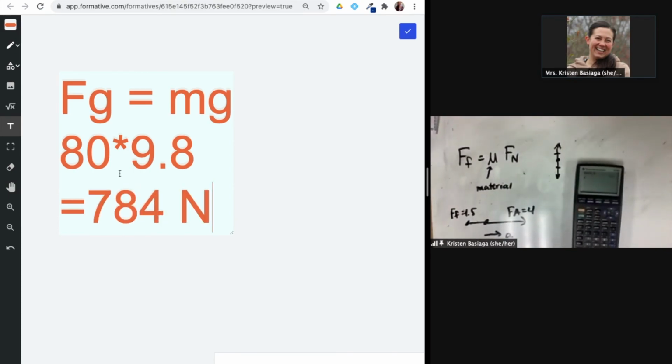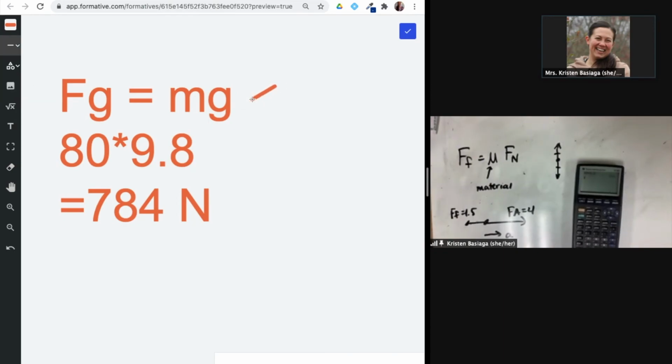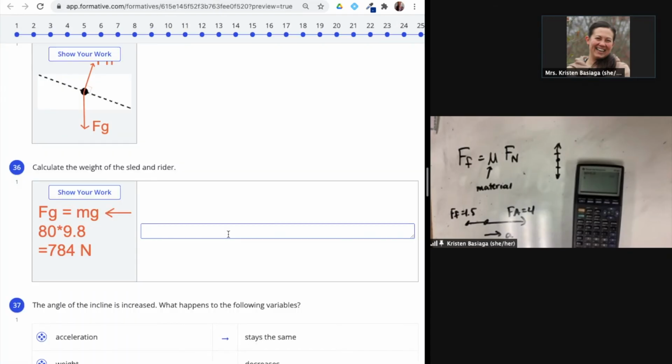I get 1 point for the equation, but again, I'm going to point out that the equation I'm talking about is this one. You get a point for the Fg equals mg equation, not the 80 times 9.8. So always show your work using the equation from the equation sheet. So I got 1 point for show my work, 784, done.